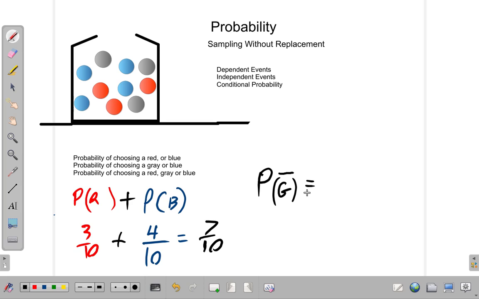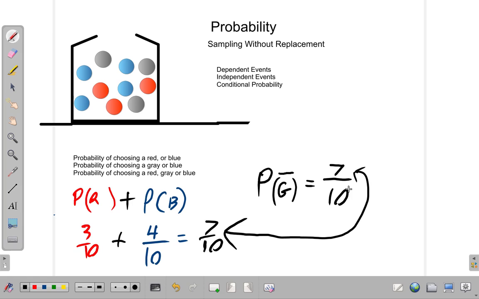Probability that is not gray. So you say, how many marbles are there that are not gray? You have 7. Divided by total number is 10. So you see it amounts to the same thing, 7/10.